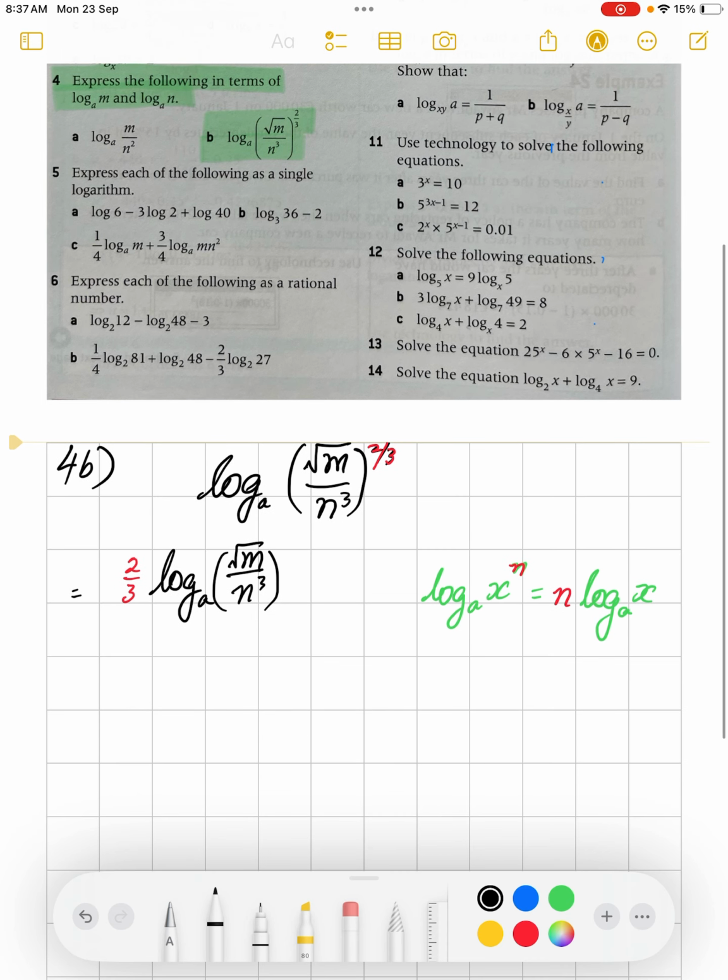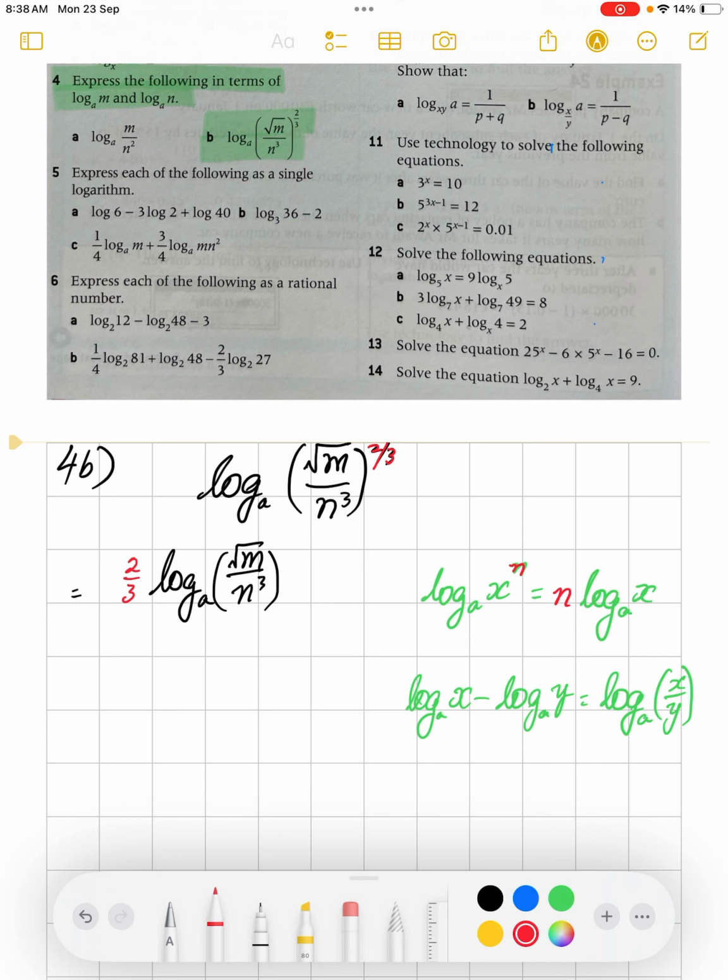Now the next property I'm going to use is this division property, where we've got the log of x to base a, subtract the log of y to base a, and that is equal to the log of x over y, to base a. So I'm going to take this division here, and the numerator, first of all, is the square root of m.